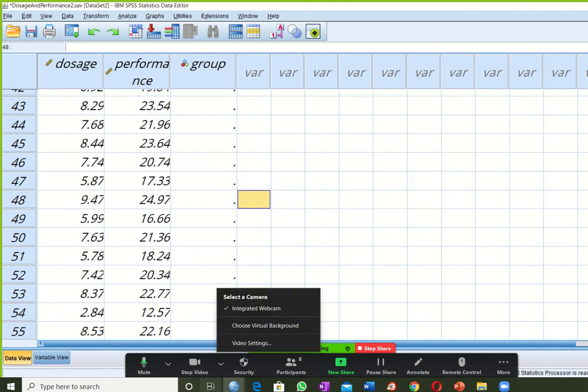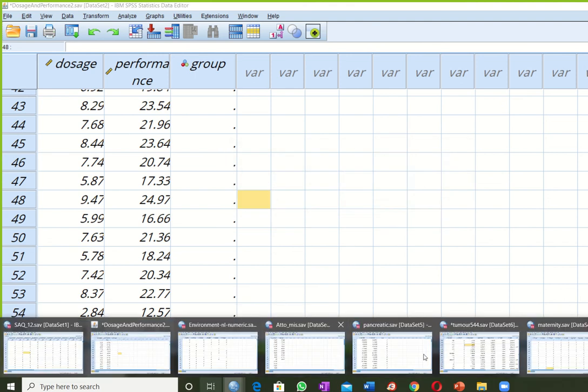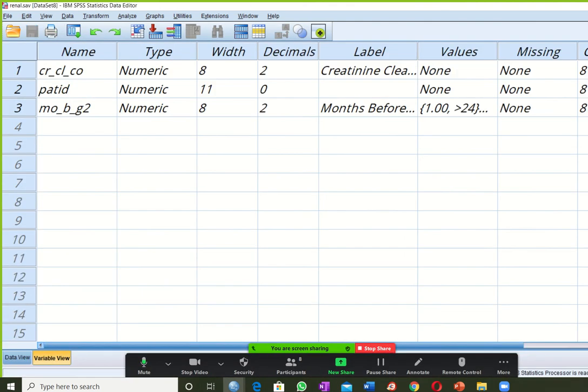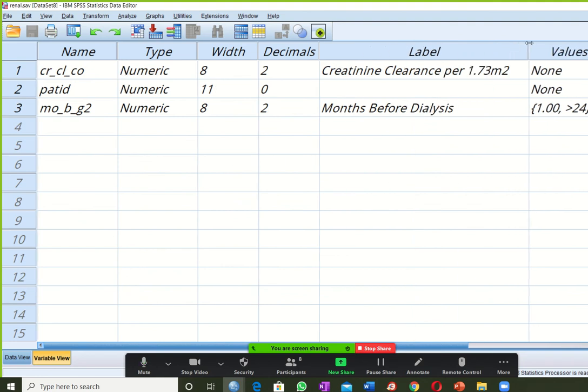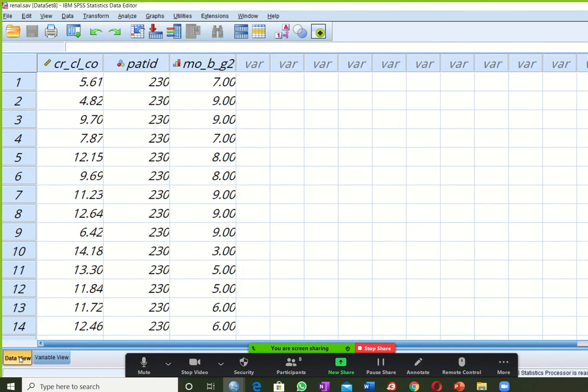So let us not close it. It will stay here when I close it. There is another one. This is related with creatinine clearance per 1.73 meter square months before dialysis. So you can see that we have 3 different variable names here.